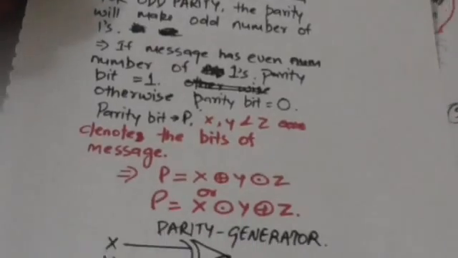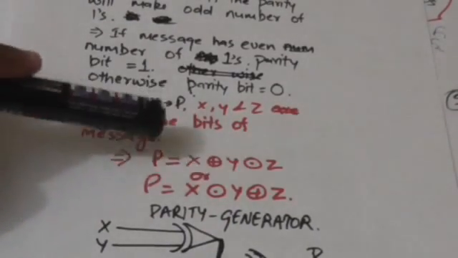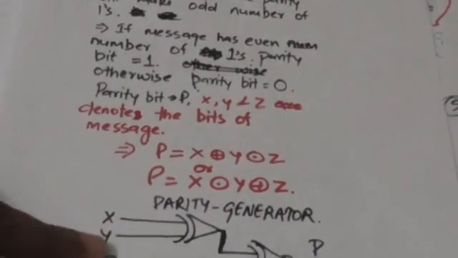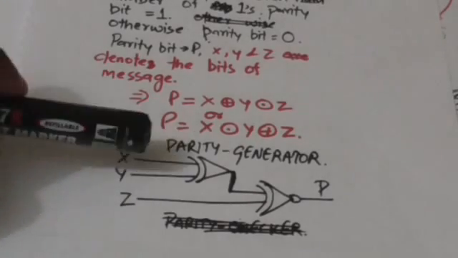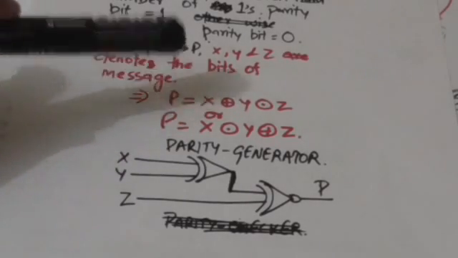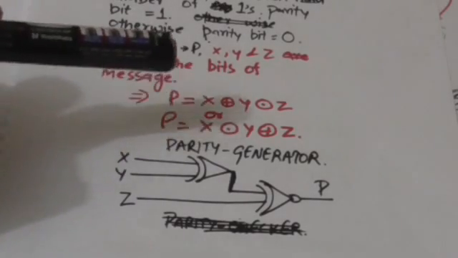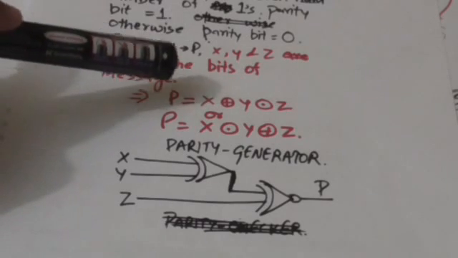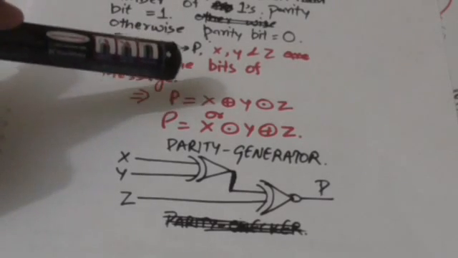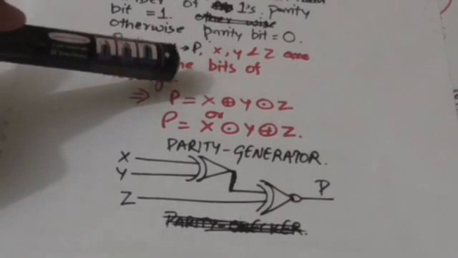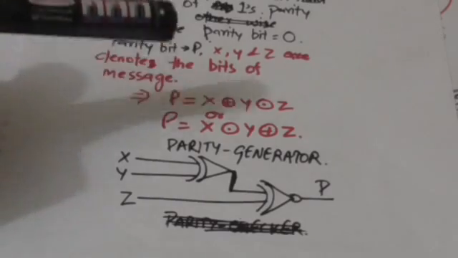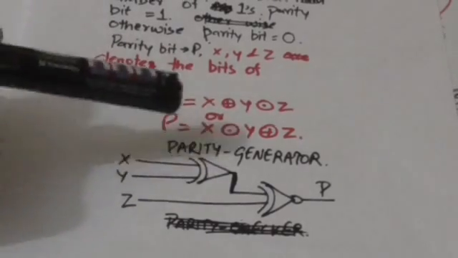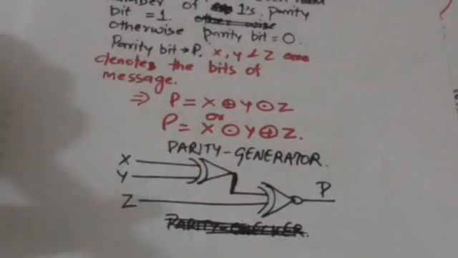So P can be defined by either of these two Boolean functions. This is the logic diagram which we can draw by using this Boolean function. First one. So this is the parity generator.